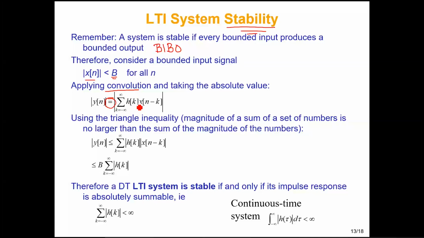It can have either positive or negative value. But if we put a magnitude here, then it is just a positive value. So this product that you get will be either greater than or at the most equal to this product right here. That's why we put a greater than or equal to sign here. So the magnitude inside the summation, if we take, we end up getting this greater than or equal to sign.